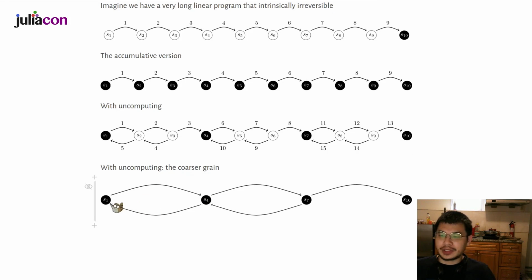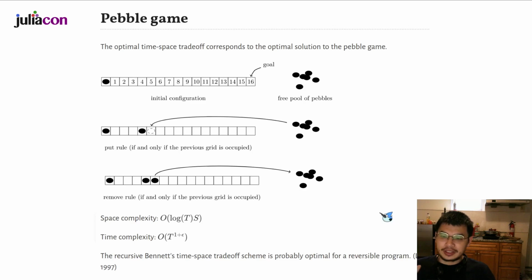For example, you can use a coarser-grained compute, copy, uncompute. By recursively applying this algorithm, we can find the optimal solution to compute a long program in limited time with minimum space.